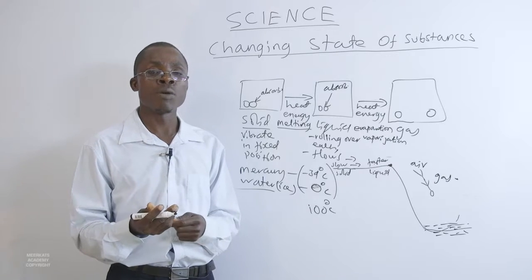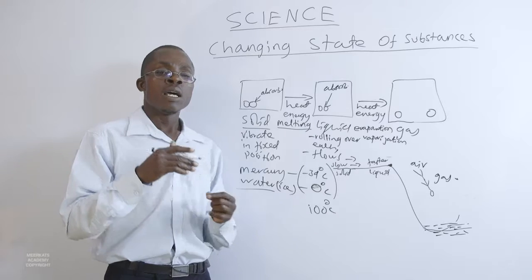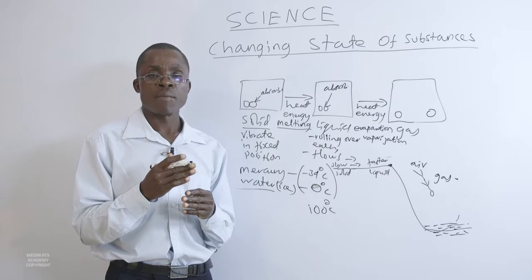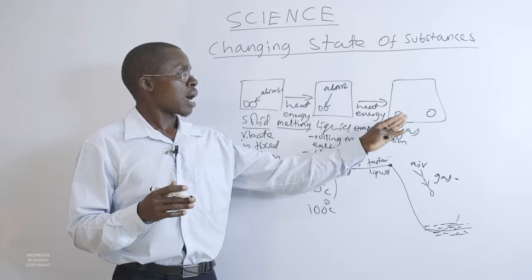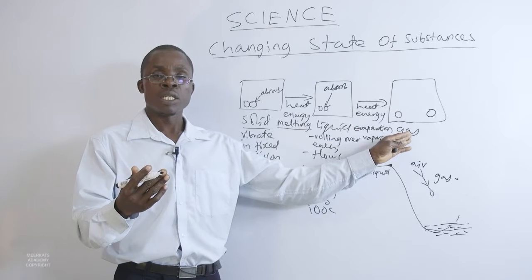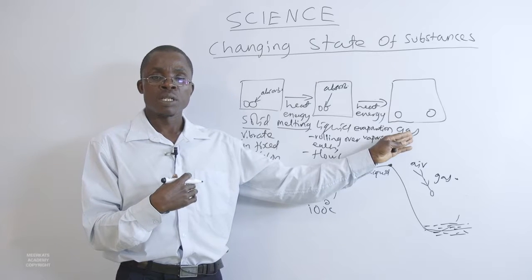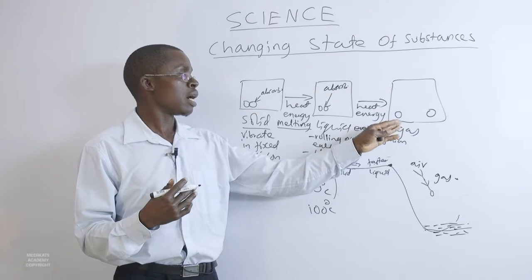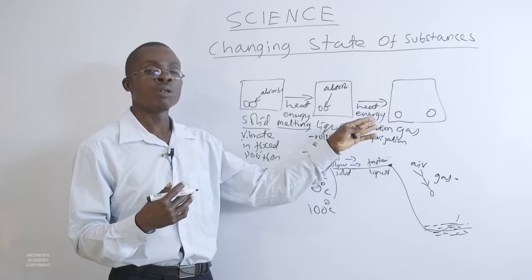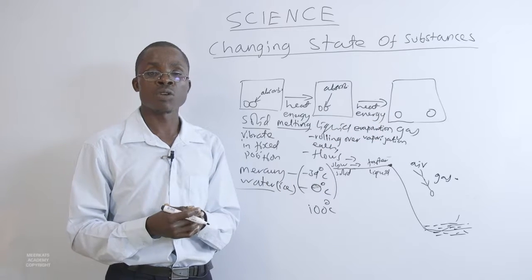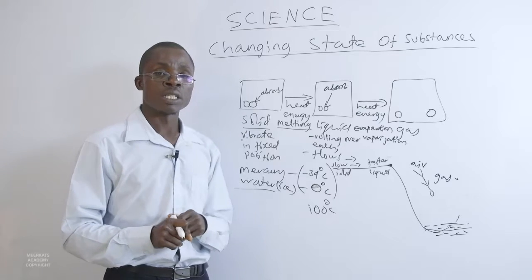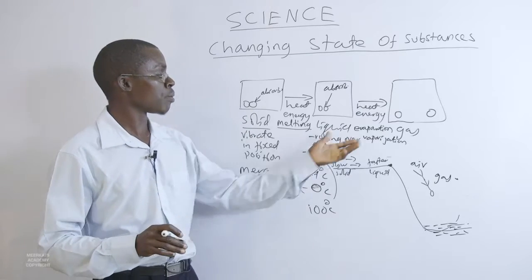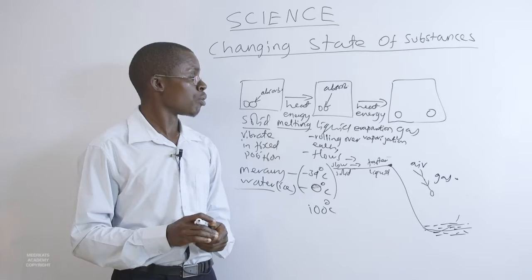Or the other way around, we can say it is the least temperature a gas can be changed to a liquid. That is obviously the process called condensation. 100 degrees centigrade. So there is a difference between evaporation and boiling point.